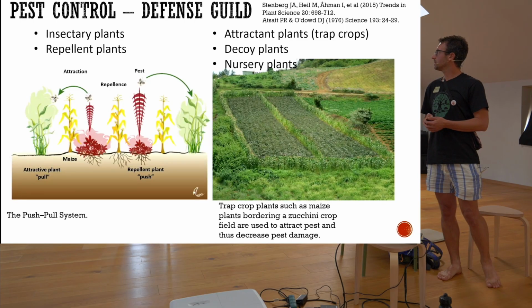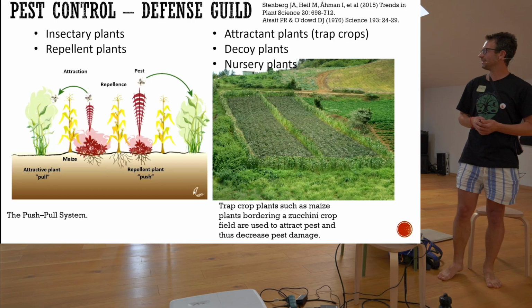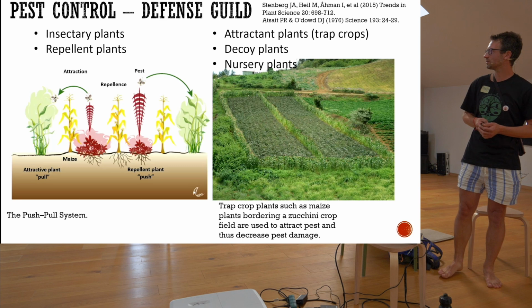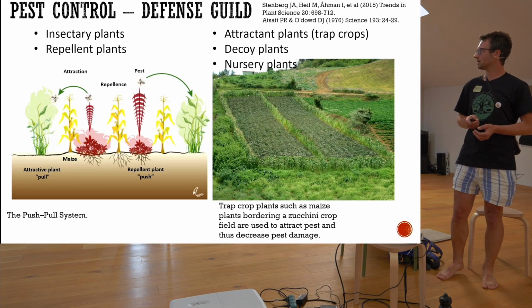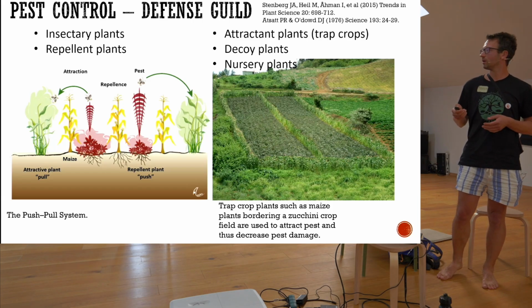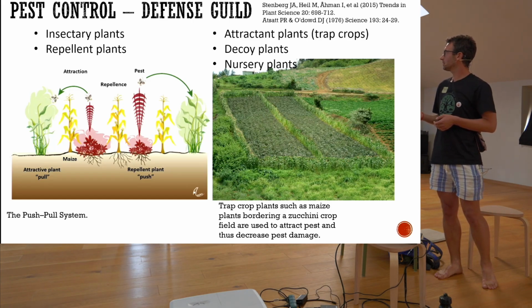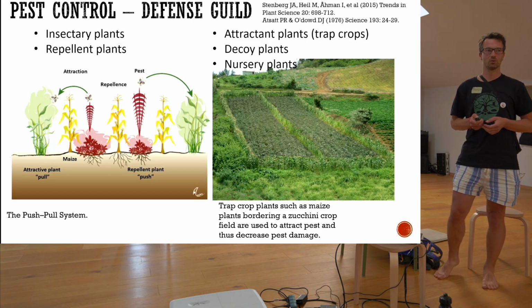The third definition of guild is when we combine plants for performing certain specific functions. For example, here it's the guild designed for pest control. It contains a repellent crop, which repels pests and is planted within your main crop, and an attractant plant, planted on the side of your crop field, which is more attractive to your pest.